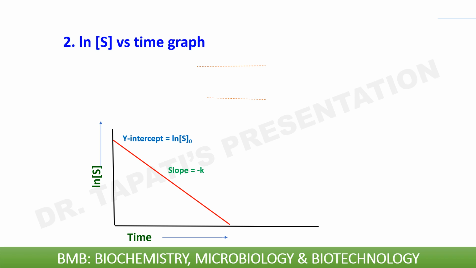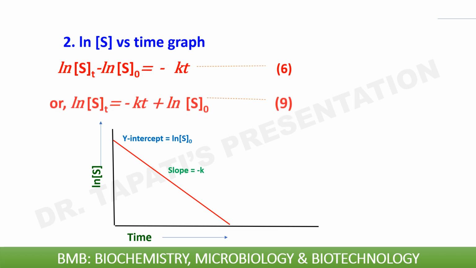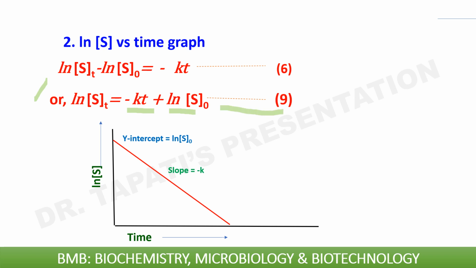Now see this graph. It is ln versus time graph. As equation 6 is ln St minus ln S0 equal to minus kt, we can write it in this way also: ln St equals minus kt plus ln S0, and I am giving this equation as the 9th equation.